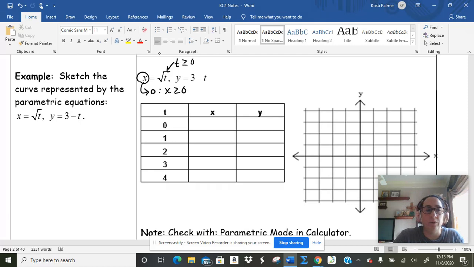And here, with that t, as I plug in all the different values of what t could be, y could be anything. But if I'm only looking at t greater than or equal to 0 here, then my y is going to end up being less than or equal to 3.